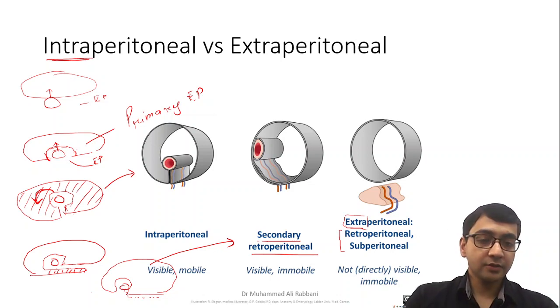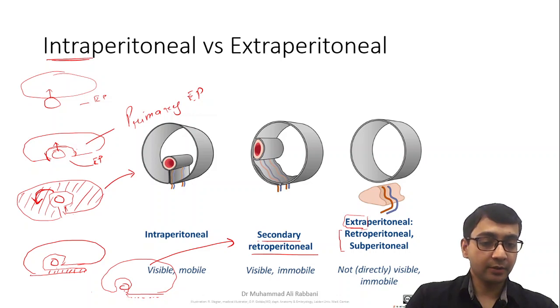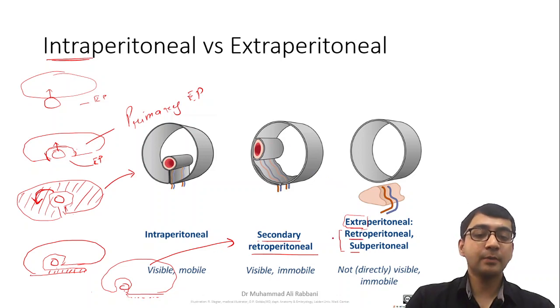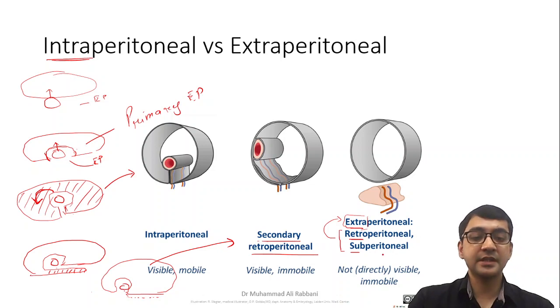Similarly, the organs of the pelvis, like bladder, uterus and cervix, are beneath the lower margin of the parietal peritoneum, so they are known as subperitoneal. So subperitoneal or retroperitoneal are basically just fancy words for extraperitoneal, and they just give an idea about the relation of the organ to the peritoneum. So kidney will be considered retroperitoneal, bladder will be considered subperitoneal, both are extraperitoneal.